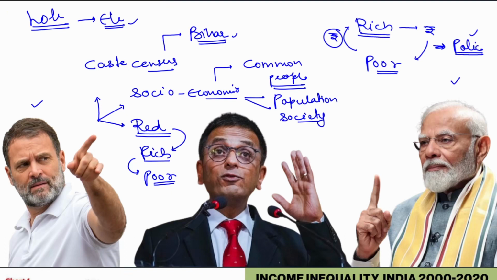And the BJP is not very happy with this statement. They are saying that it is a disaster. And the court is saying that we will form a committee for this. So already a committee has been formed following this.